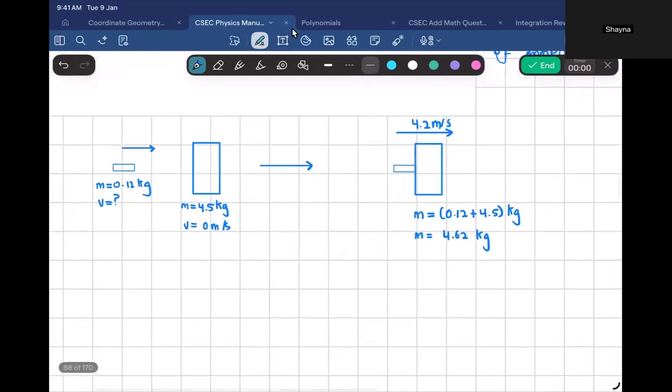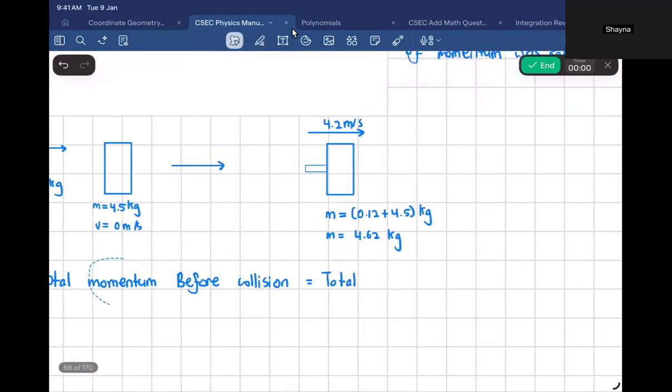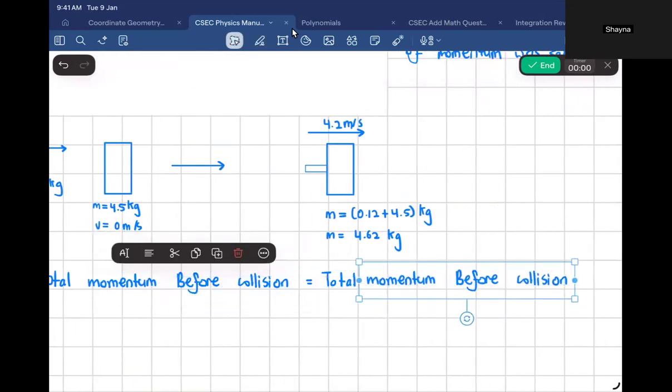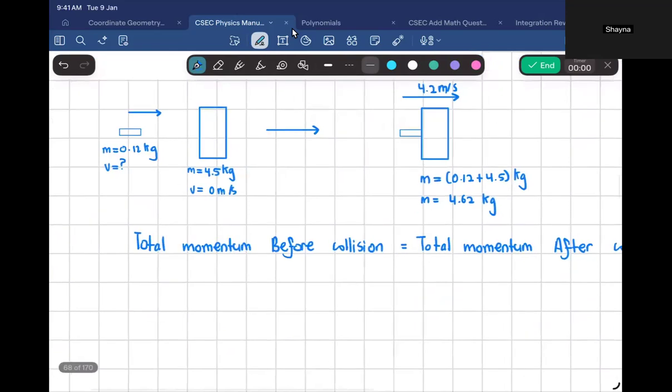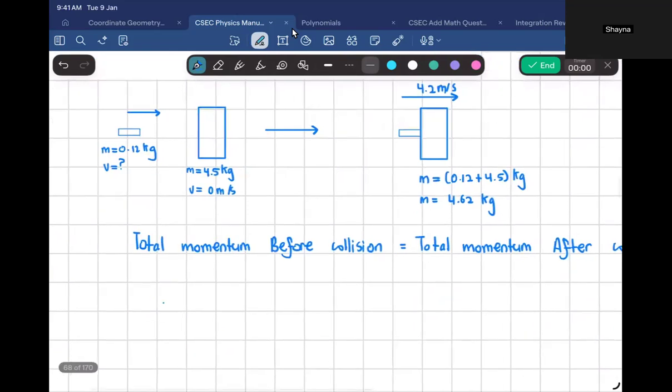Right. So now we can do our calculation. Total momentum before is going to be m by v.